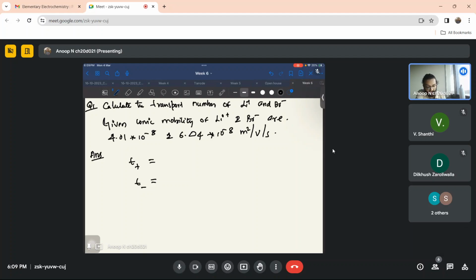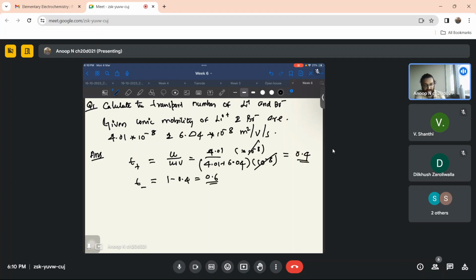U by U plus V. So the transport number of cations is 4.01 divided by 4.01 plus 6.04, where the 10 raised to minus 8 terms cancel out. The answer will be 0.4. So T minus will be 1 minus 0.4, which is equal to 0.6. So this problem was easy and clear, right?